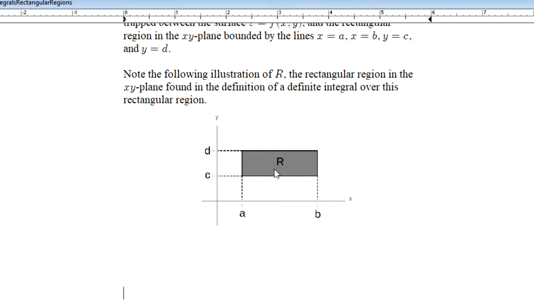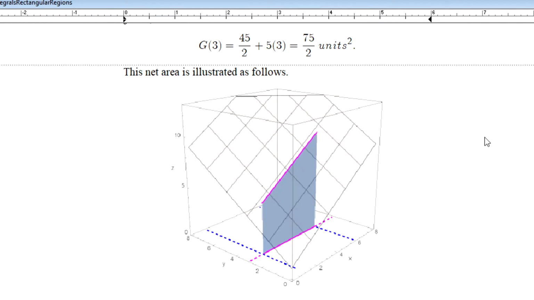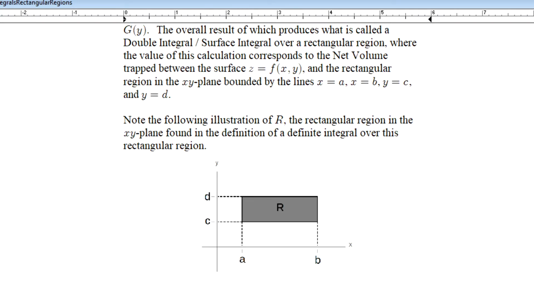The region of space trapped between all those lines forms this rectangular region. And we're going to be integrating our surface in 3 dimensions over this rectangular region in 2-dimensional space. We're still going to have this surface here in 3 dimensions, but the space over which we're integrating down here is a rectangular region, a 2-dimensional description of space, not this 1-dimensional description of a line. All right?